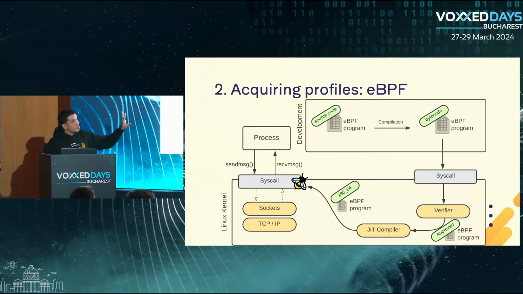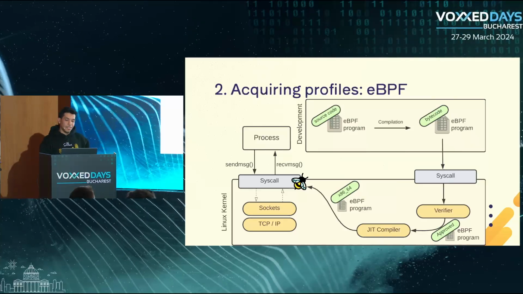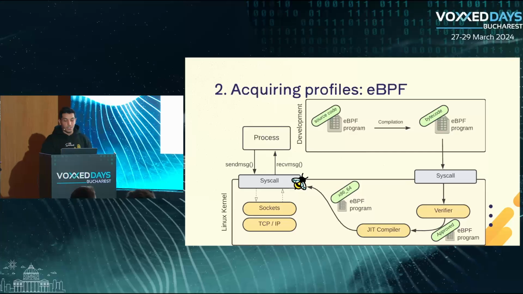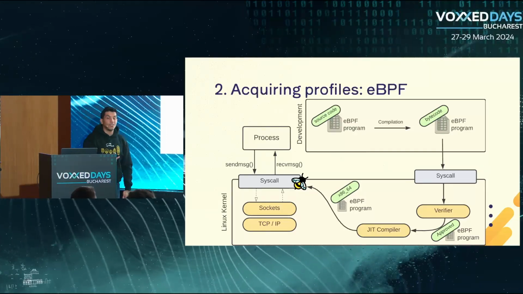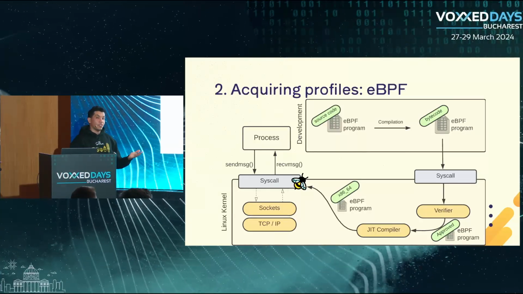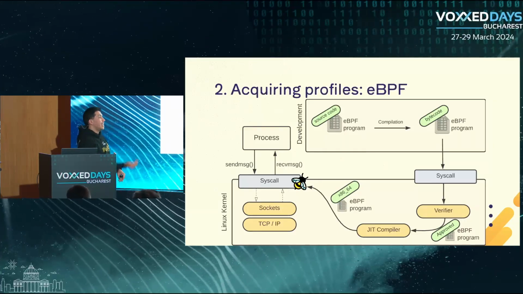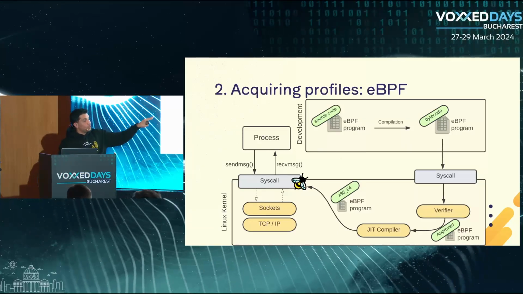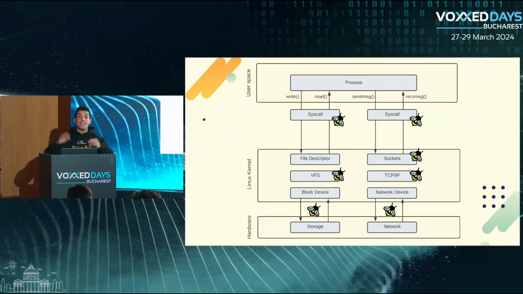If you work with eBPF programs, the verifier will give you a lot of headaches, but it makes the code that we run in the kernel a lot safer. If it passes the verifier, then we load it to the JIT compiler. The JIT compiler basically takes the bytecode and compiles it into native code, and that native code gets attached to the kernel space. So your program is actually running side by side with the kernel, and it has access to everything.